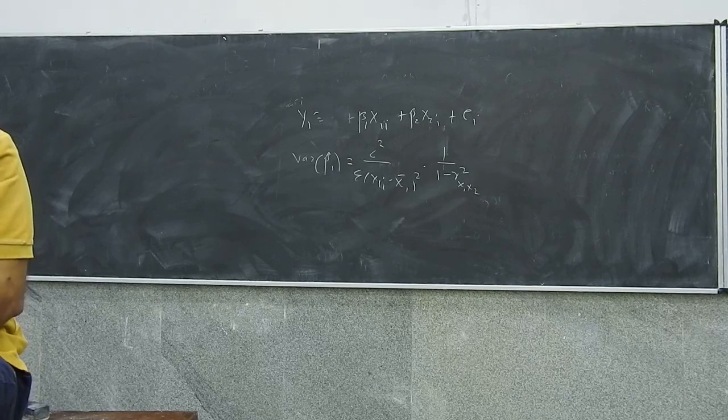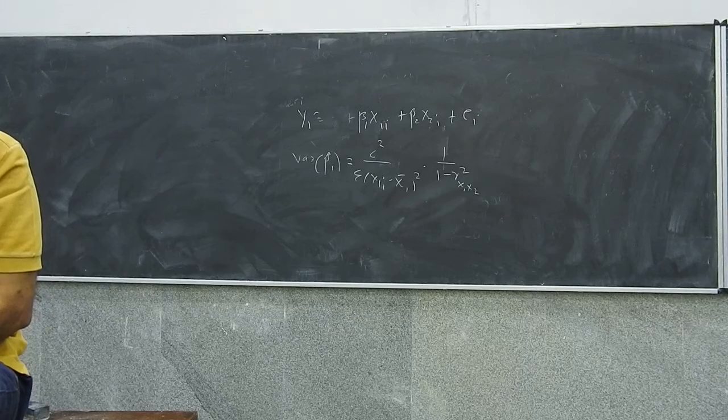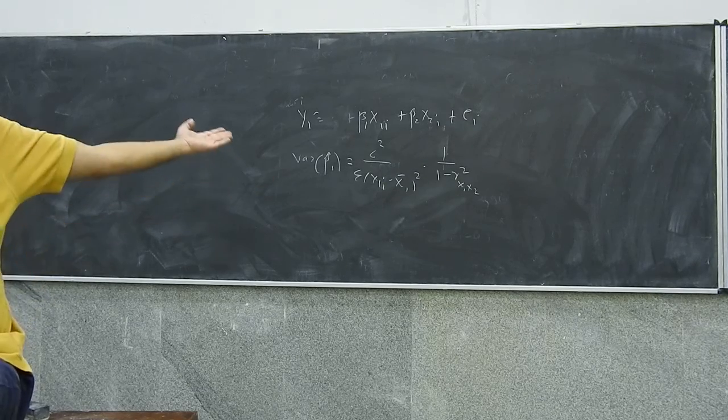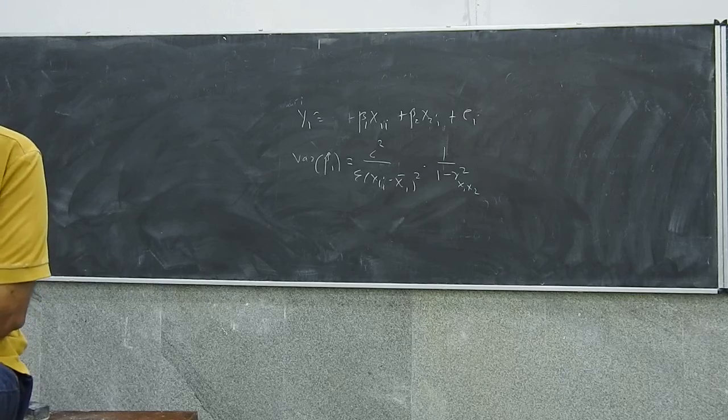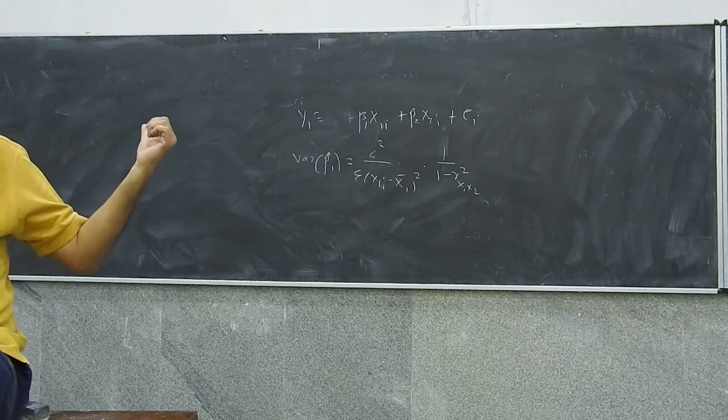So obviously, once you put in x2, the variance of beta has increased, right? Sure? The variance of beta. Now, can you figure that out and say something from there? You got it?